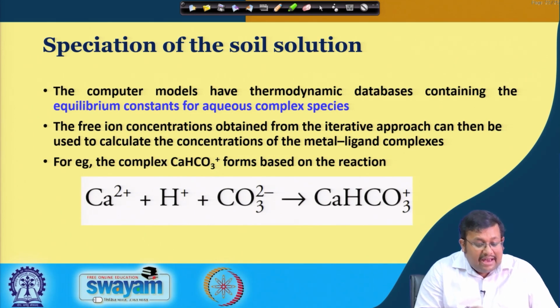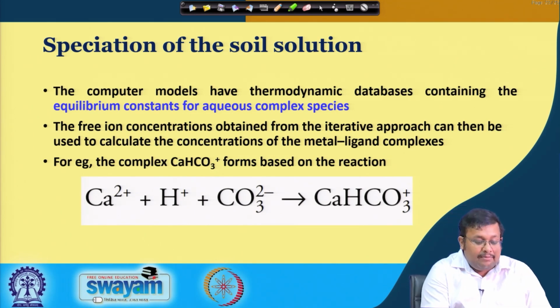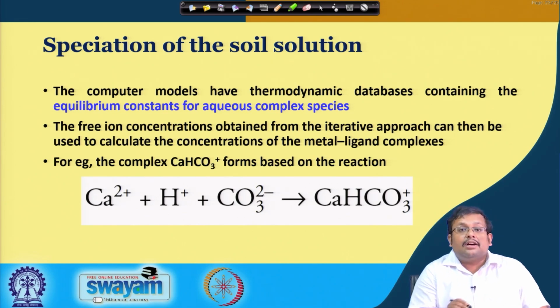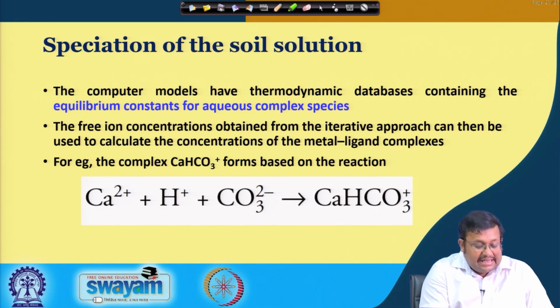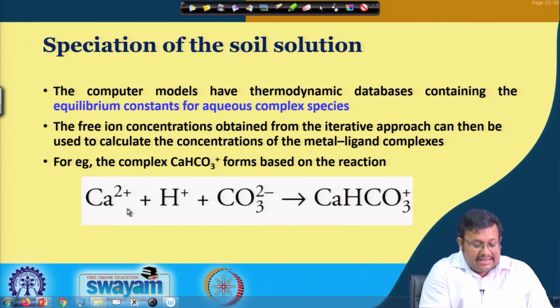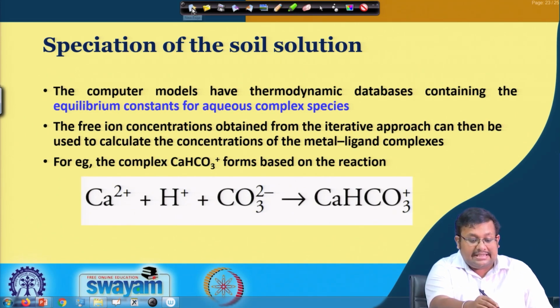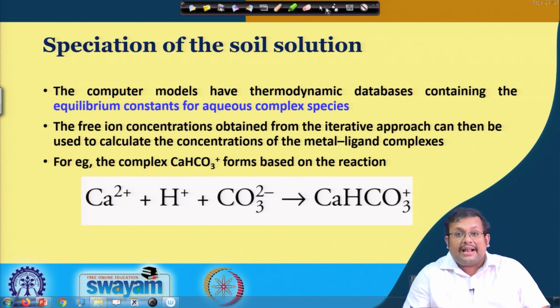So, the free ion concentration obtained from the iterative approach can be used to calculate the concentration of the metal ligand complexes. For example, in this case, the calcium bicarbonate complex forms by this reaction: Ca2+ plus H+ plus CO3 2 minus.